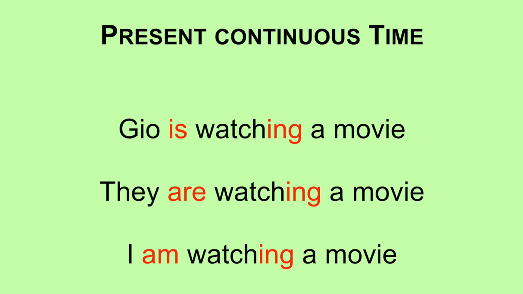Gio plus the formula is plus watch plus ing: watching a movie. Gio is watching a movie. They are watching a movie. I am watching a movie.